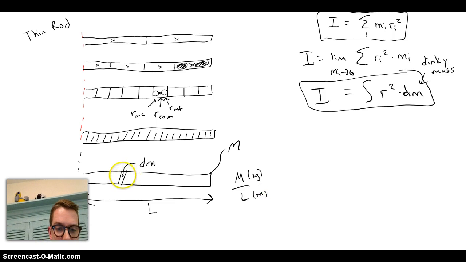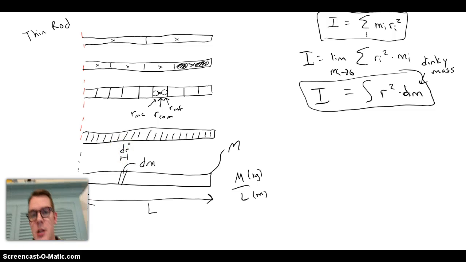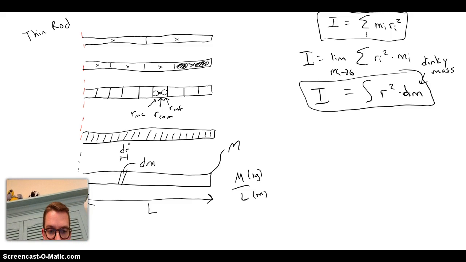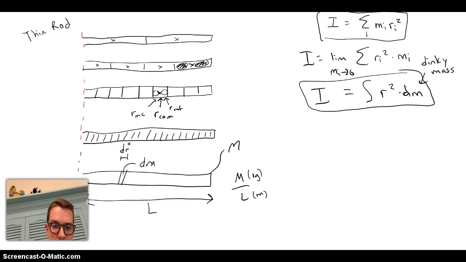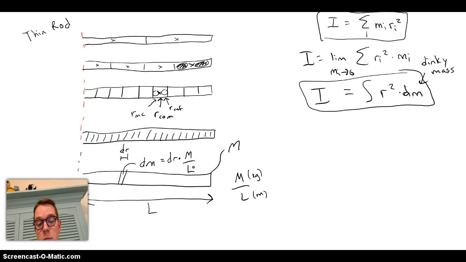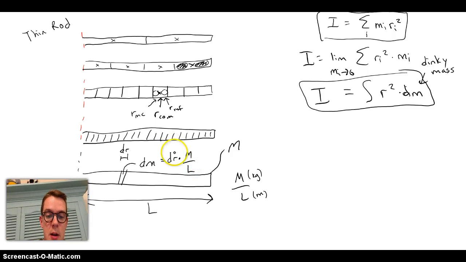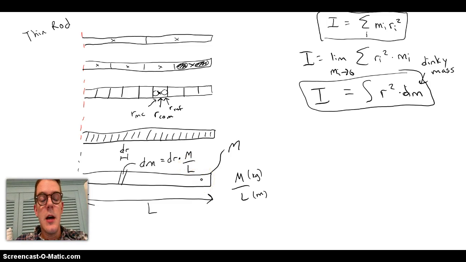So however thick this little chunk is, I'll call dinky r, a little change in position. So my dinky mass is going to be however wide that thing is, dinky r times m over L. And you can verify that with the units. Dinky r would have units of meters, this would have units of kilograms, and L would have units of meters, and so the meters would cancel out.